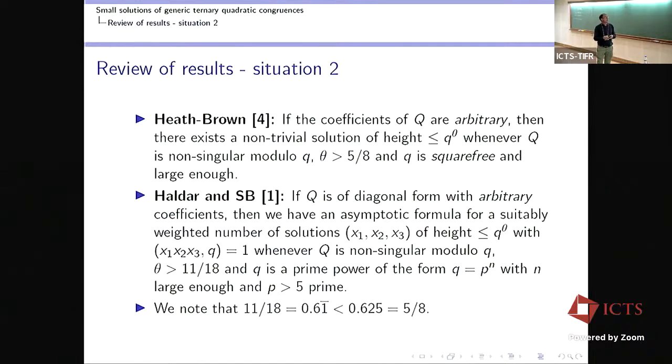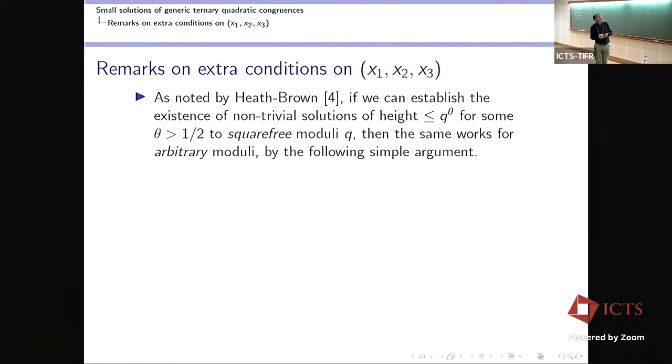All right, so next one. Yeah, so why is this coprimality condition important in the case of prime powers? Heath-Brown focused on square-free moduli and explained why this is actually satisfactory.